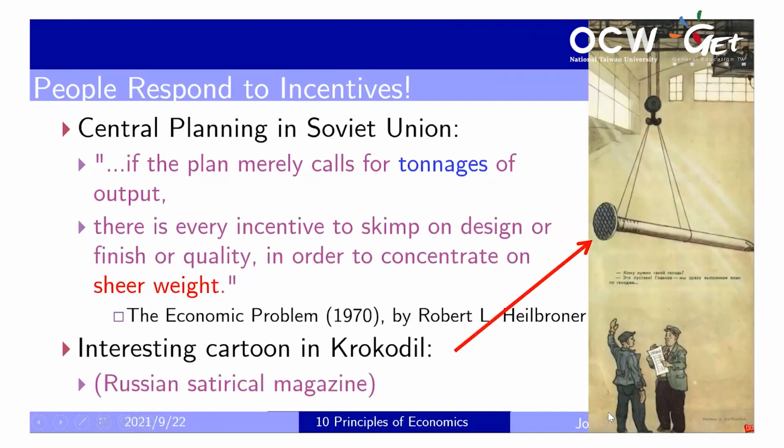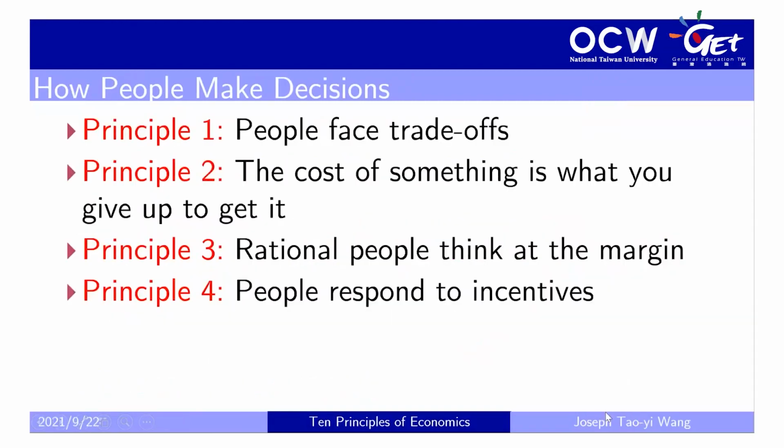One nail, that's a whole ton. So why is that? Well, you have an institution, the central planning, and the only goal is to get a ton of nails, regardless of the size, the quality, and all that. And so you get a ton of nails. So that's enough for what is economics.